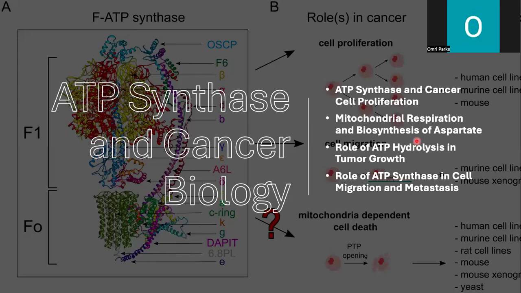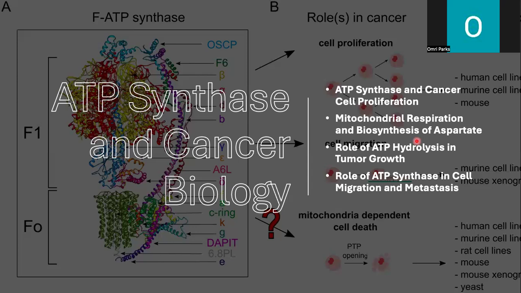The presence of the ANT2 transporter is said to facilitate the uptake into the mitochondria of ATP produced through glycolysis for hydrolysis by ATP synthase. So this process could potentially support proliferation under hypoxic conditions.